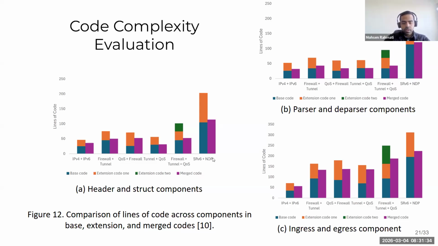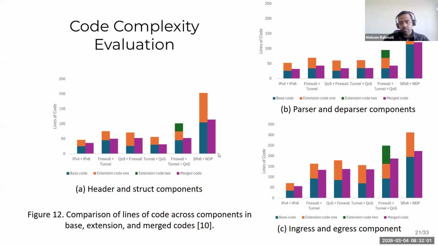And at the end, we use SRv6 and NDP to show P4Muse can handle complex applications. For the first 5 case studies, we use Mininet and BMV2. And for the last one, we also use ONOS.